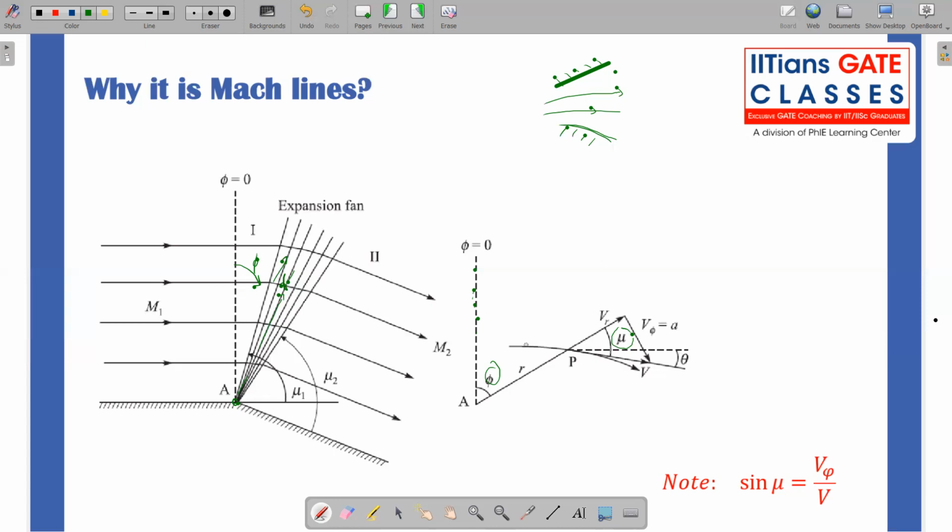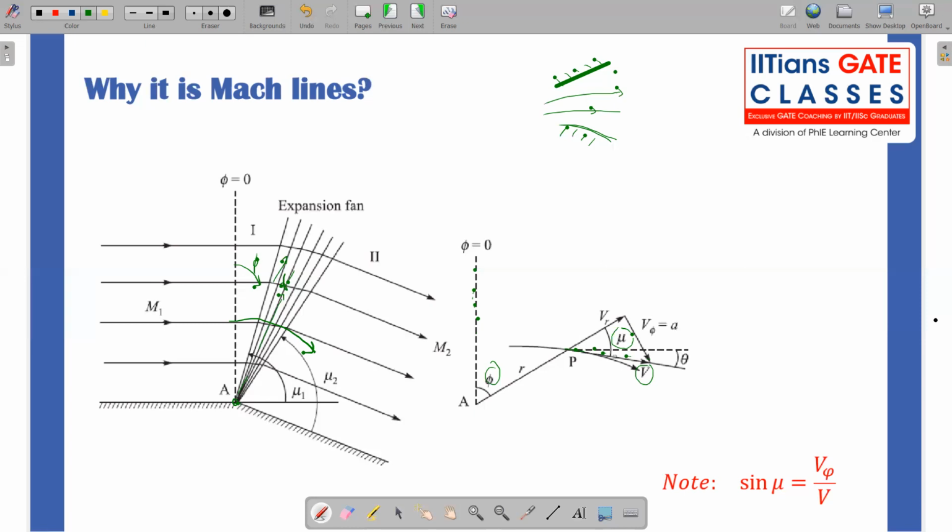This is my local velocity vector. Velocity is changing like this, so at any local point my velocity is gradually changing. If I draw the tangent to this curve, this velocity vector v is my direction of velocity at that location. Being a steady flow, the instant part we are taking out. At this location, this is my velocity vector.